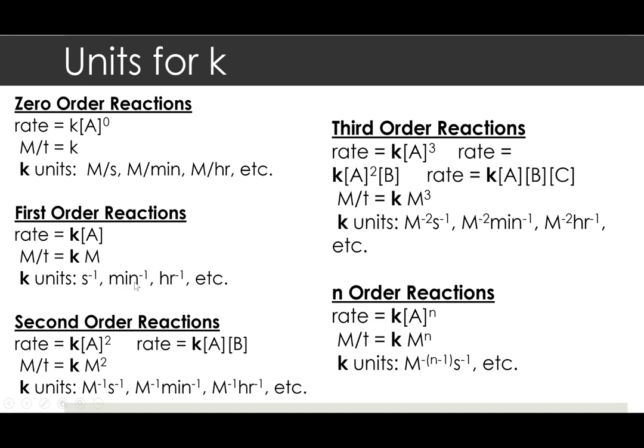Or if it says 2,000 hours go by, then it'd be 1/hours. Or 45 days go by, then it'd be 1/days. So this time piece in the units for K can change depending on what the time is in the problem that we're dealing with. Just a little nuance there. For the most part, we talk about seconds, but just keep an eye on that.